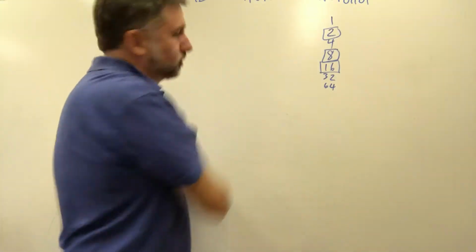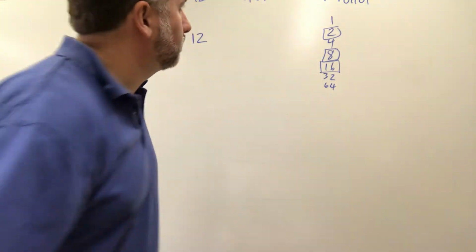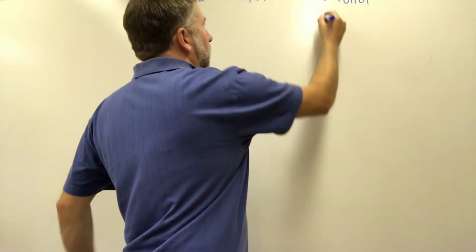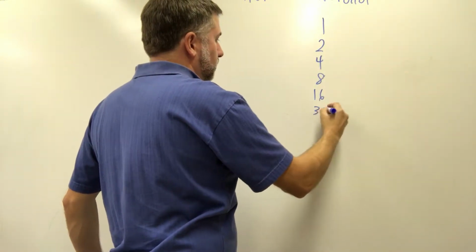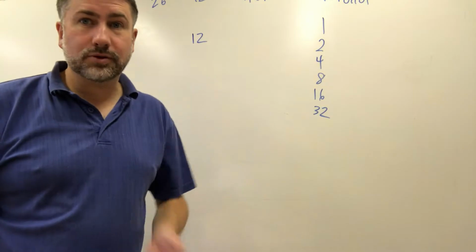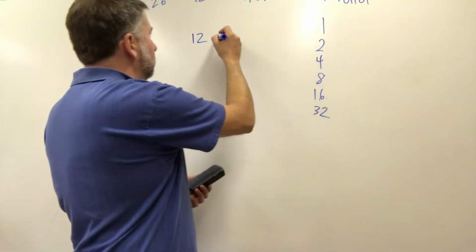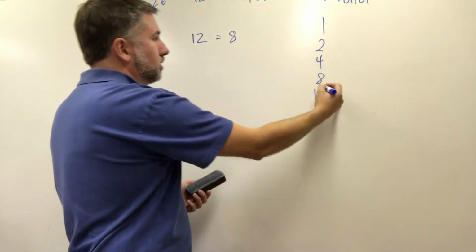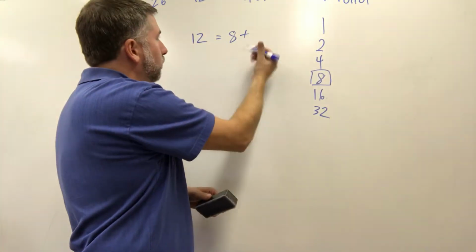That's 26. That's good. What about 12? Well, if we start with these same numbers, 1, 2, 4, 8, 16, 32, which numbers do we need to get to 12? Well, 16 is too big, so we'll have 8 as the first one. And then, what's left? 4.